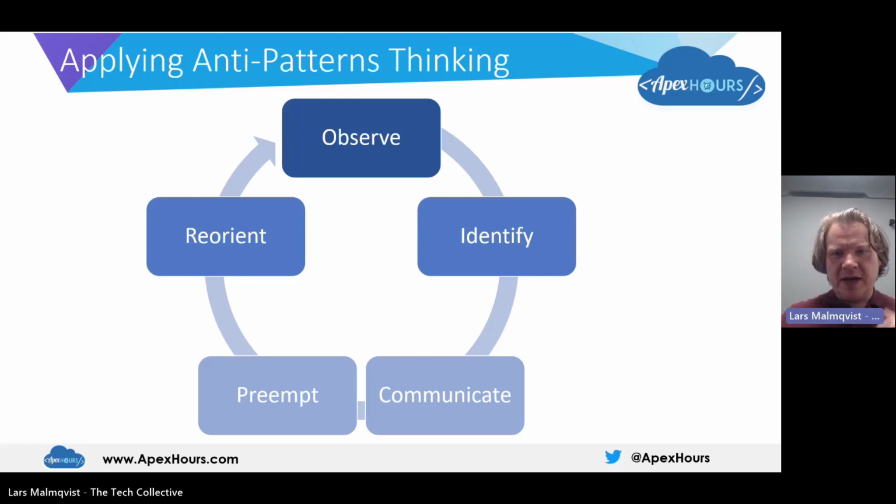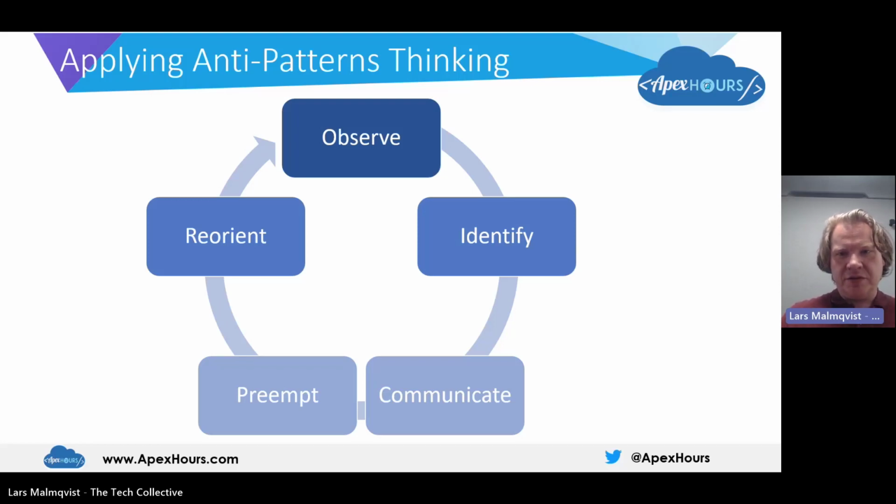Then when you are starting to get enough observations and you think that there might be something at play, it's important to identify and name the thing that you're seeing, right? Because saying that I'm worried about something can be vague and it can be difficult to make that case. It's a lot easier if you can say, I think we are moving into an automation Bonanza anti-pattern because I can see that these two teams are using different approaches.